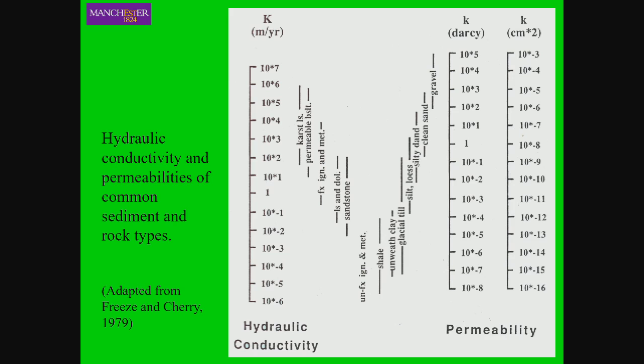But in terms of permeability, it's of the order of, wow, what is it? A trillion. There's a trillion-fold difference between the most permeable and the least permeable rocks. And that has huge consequences for the way that water moves around in the crust. And later on, in a couple of weeks' time, we will show the influence of permeability contrast on the patterns of groundwater flow, which may be very non-intuitive.